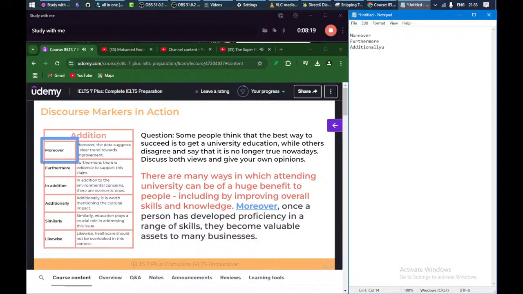Let's take a look at the next discourse marker group, which is contrast, showing difference, possibly an opinion or ideas. And our question first. Some people think that manufacturers and shopping malls should sell fewer packaged products, while others argue that people have the responsibility to buy products with less packaging.